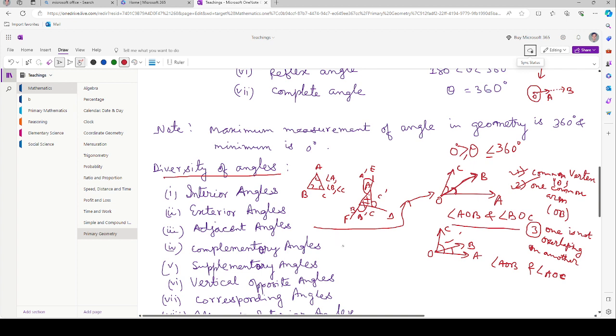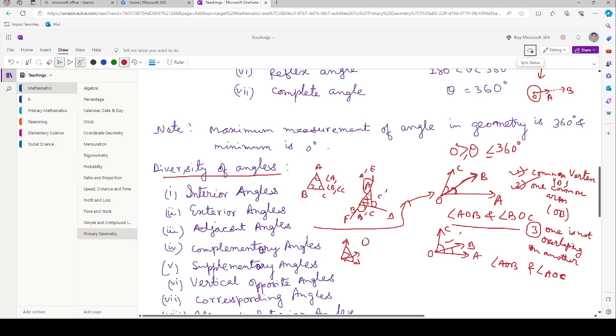Now come to the complementary angles. If two angles like that, then they are called complementary angles. Meaning of that? Nothing.